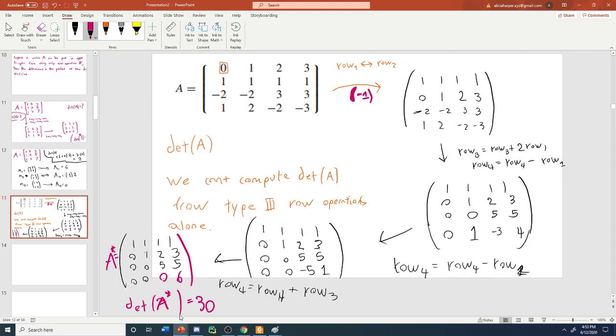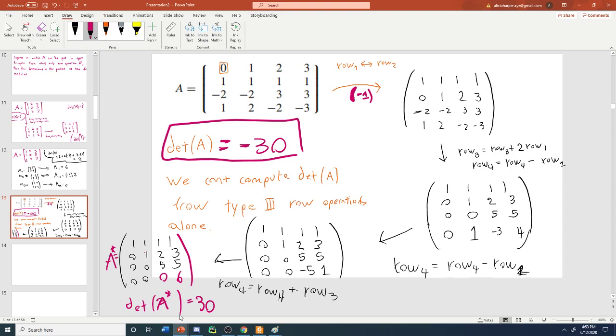I can do that, I just have to remember the one key fact, which is back here I swapped 2 rows. So, because I swapped 2 rows, I have to take the determinant down here and multiply it by -1. And if I do that, I find that the determinant of A is -30. And that completes the computation.